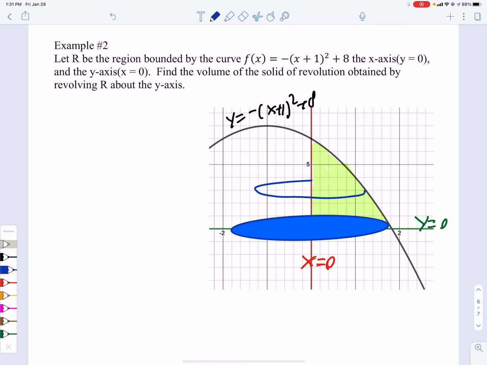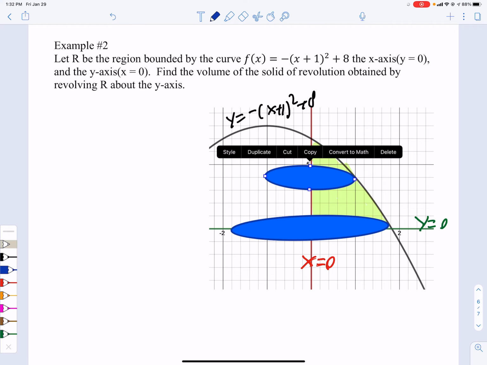Try again. I can make it bigger and shrink it down, right? Wow, it can't even recognize an oval. I'm having issues here. Okay, let's move it over here. There. This is pretty sad.